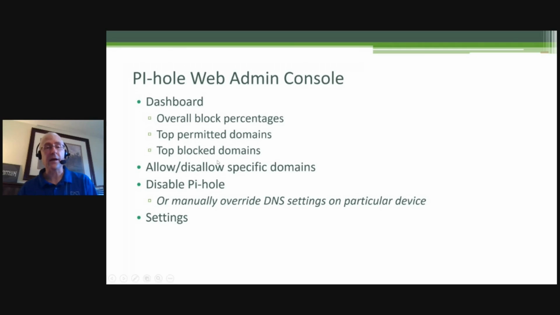I could also just say, I know there's a site I don't want family members to go to, and I can put that specific host in the website and it'll block that. You can also disable Pi-hole temporarily. There are websites that notice you have ad blocking set up, and they will come up and say you're using an ad blocker and we won't let you use our content in that case. You can either specifically allow them through Pi-hole and you'll see ads, or in my case, I was on my Xbox trying to watch the NCAA finals and I got that block.